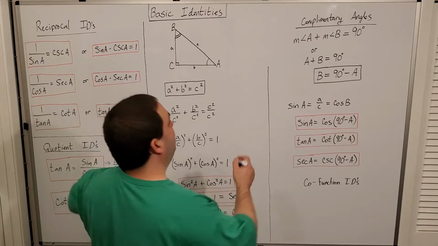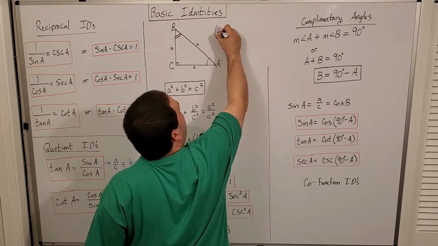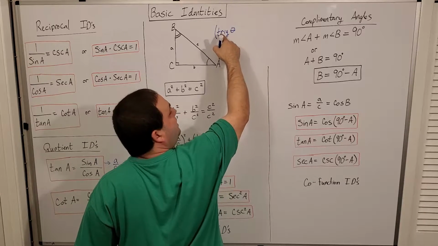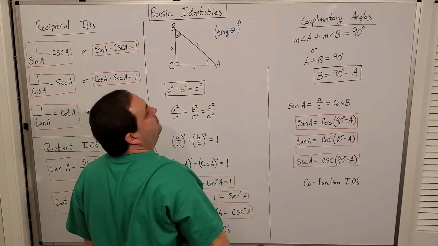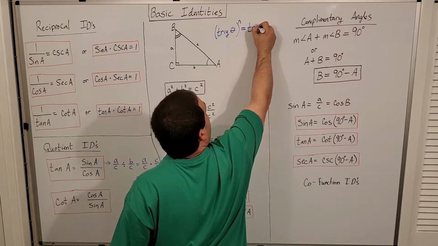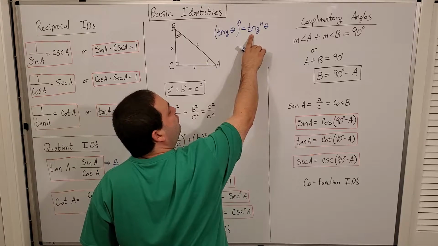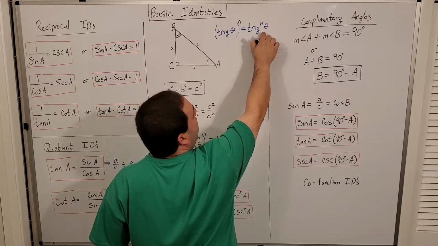Okay? Here, let me give you a generic structure. Anytime you have a trig of some angle, right, that's sine, cosine, tangent, secant, cosecant, cotangent, and it's raised to some power n, this is always going to be shorthand written where the exponent appears between the trig function and the angle.